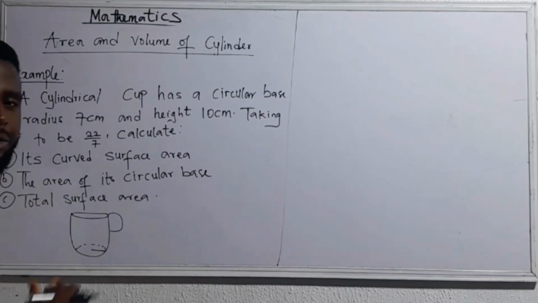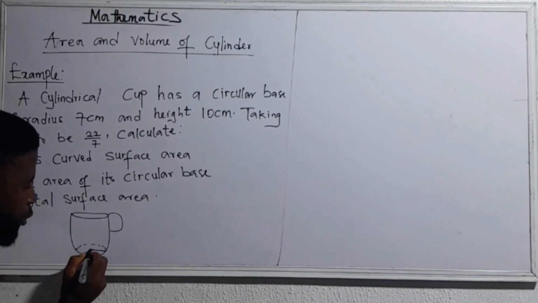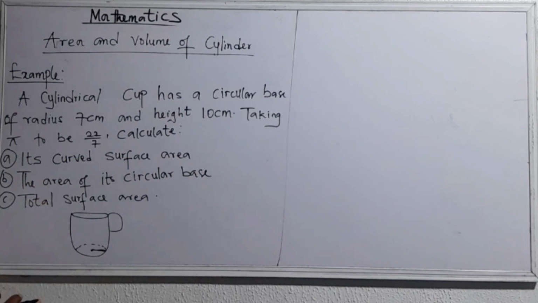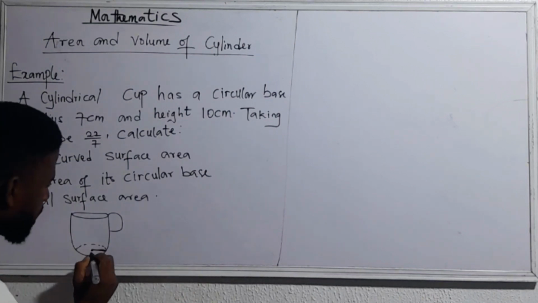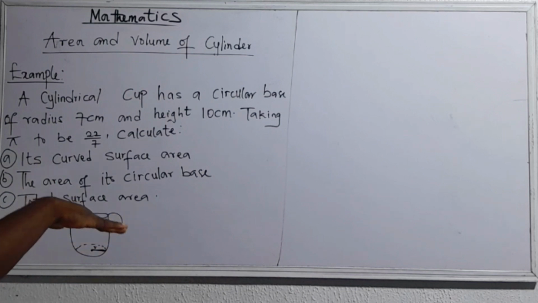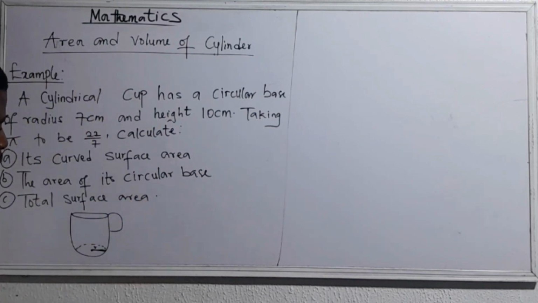Remember that the radius of a circle is the distance from the middle of the circle to any part of the circumference. So if this is the middle of the circle, we have the radius. While the diameter of a circle is the distance, or a line, that divides a circle into 2 equal parts, 2 equal halves, right?